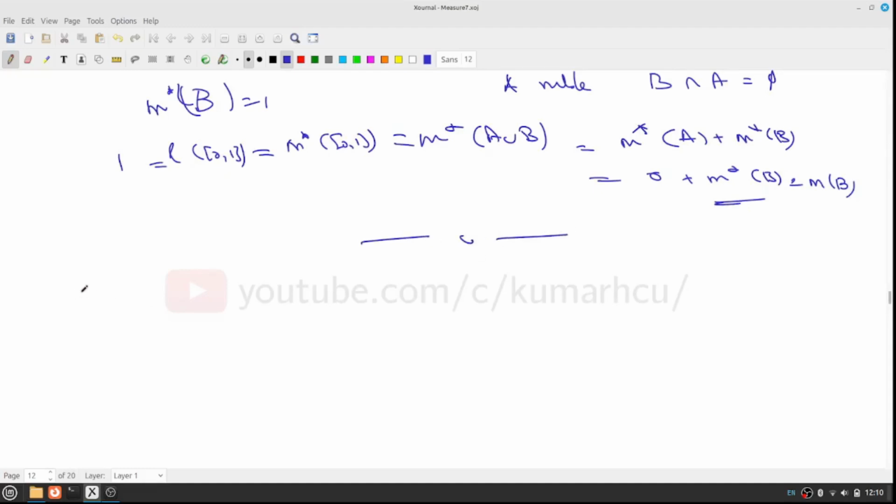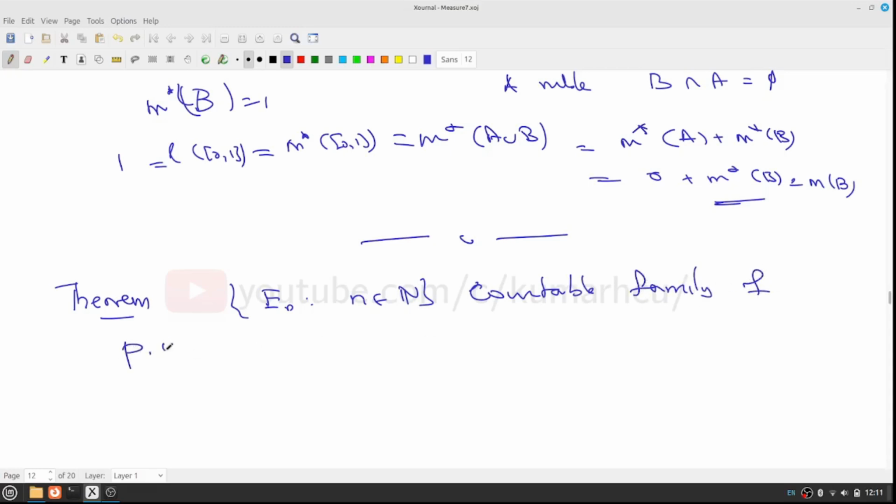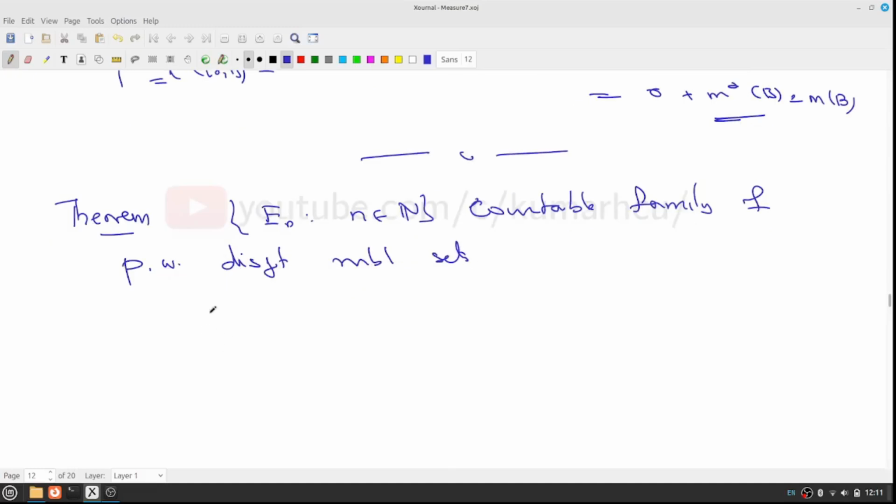Now let's look at the main result of today's session. Let En be a countable family of pairwise disjoint measurable sets. Then we want to make two claims.